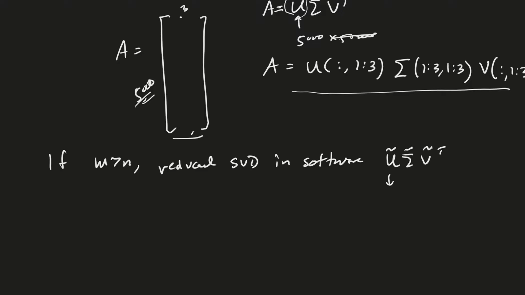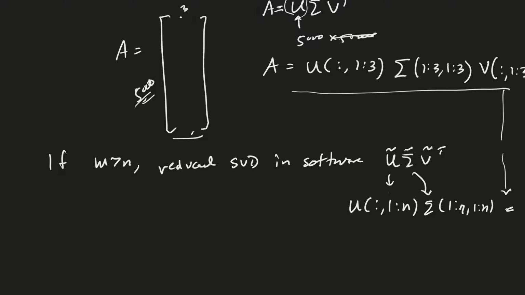U tilde is just going to be using the first n columns of U. So it's not going to be the full U, it's just going to be U with the first n columns. And then this is just going to be your sigma with 1 to n, 1 to n. And then your V is just going to have the first n columns.